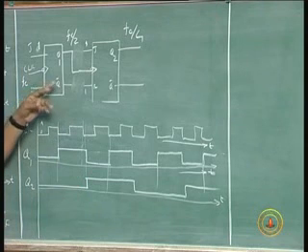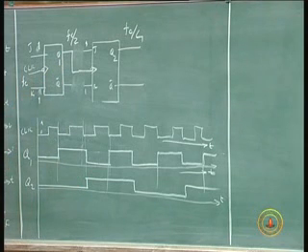So if I have 2 flip-flops, I get the output as FC by 4, a divide by 4 circuit.